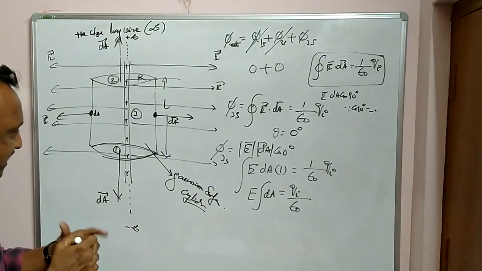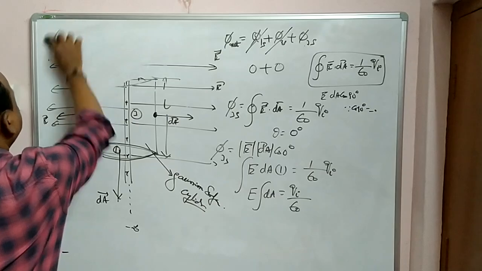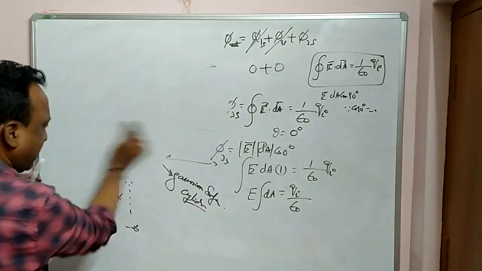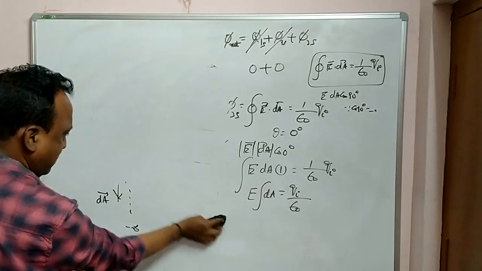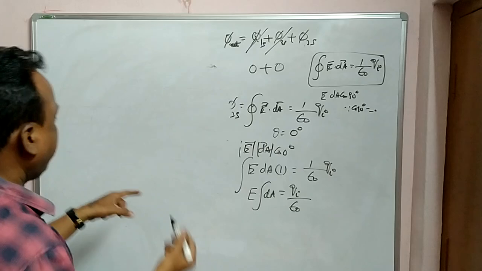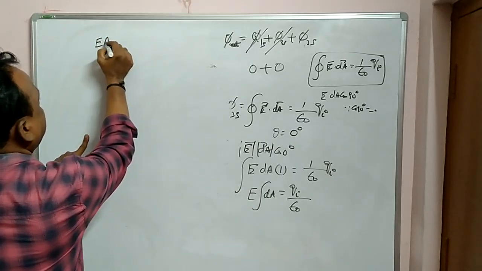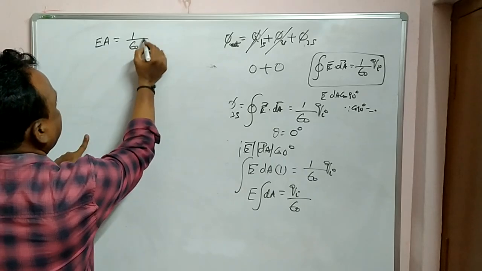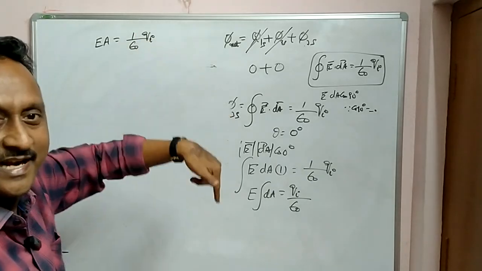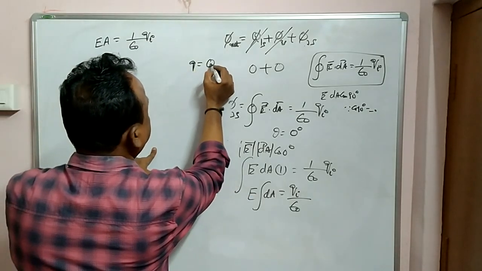I am deriving this for a positively charged infinitely long wire, using a Gaussian surface and applying Gauss law. For the last surface, E times integral of dA is equal to 1 by epsilon naught times Q inside. What is inside? The charge inside that cylinder, Q.